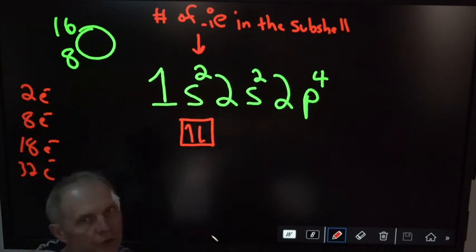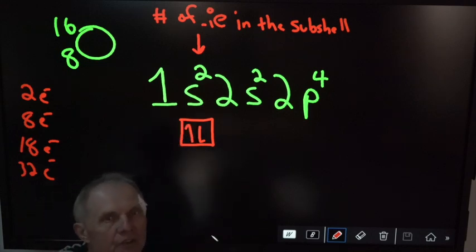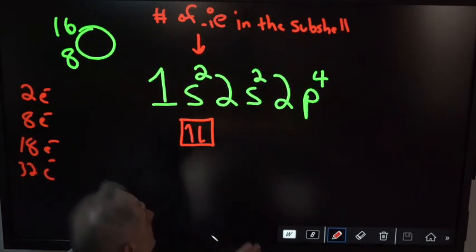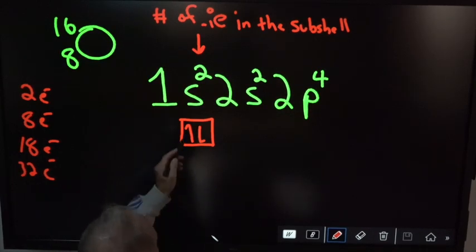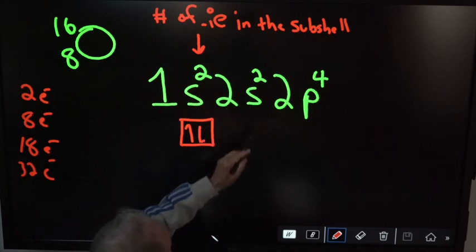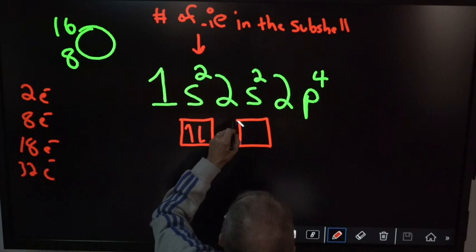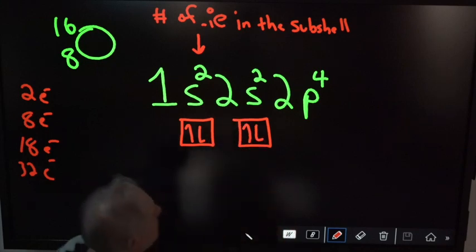So the square is the orbital for S, and 1 arrow up, 1 arrow down means opposite spin. So for our case, squares are always going to be the S's, and circles will always be the P's. So there's 1. Now I have S2. Well, that's another square. One up, one down. All right, that's perfect.